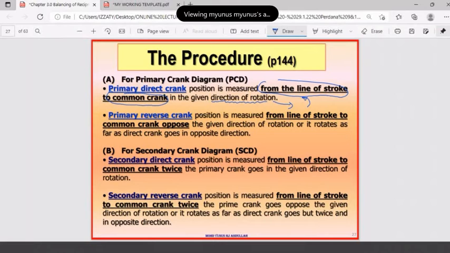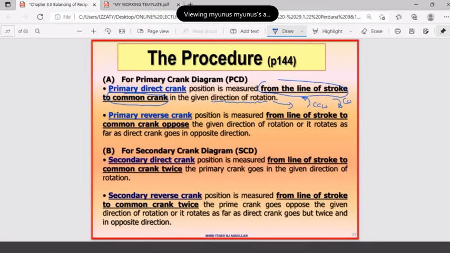If the given direction is counterclockwise, follow counterclockwise. So that is the primary direct crank. You may not understand this because you don't have an example. After you have the example, inshallah, I can guarantee you will totally understand this. It's very logical and also clear for constructing the crank diagram later on.